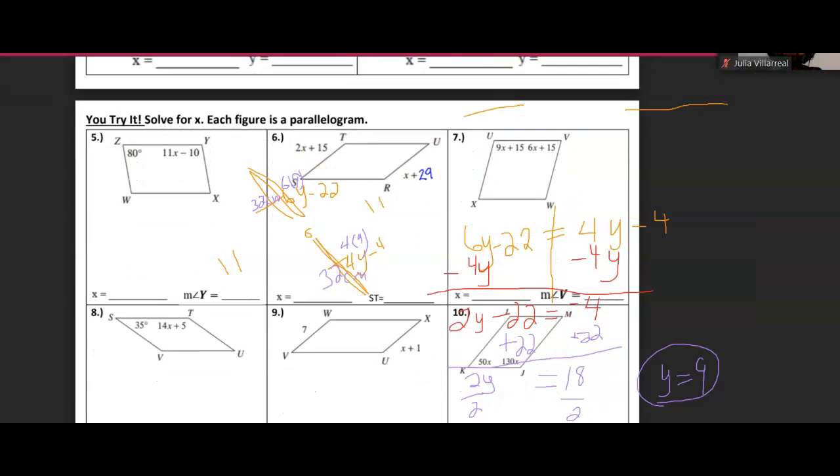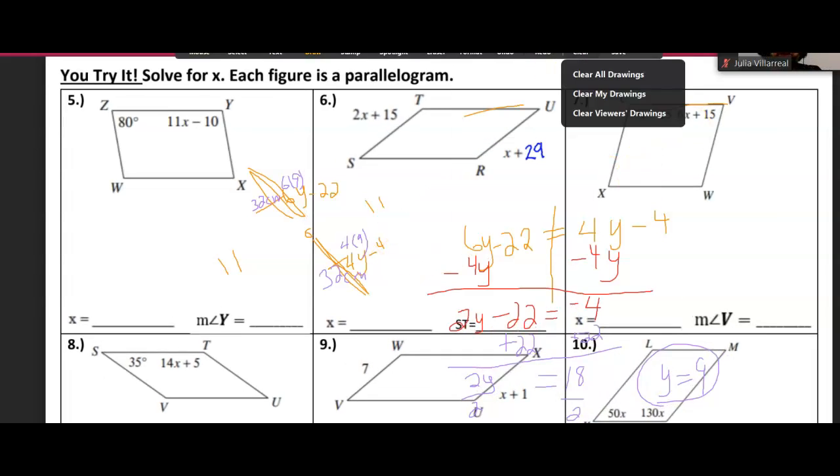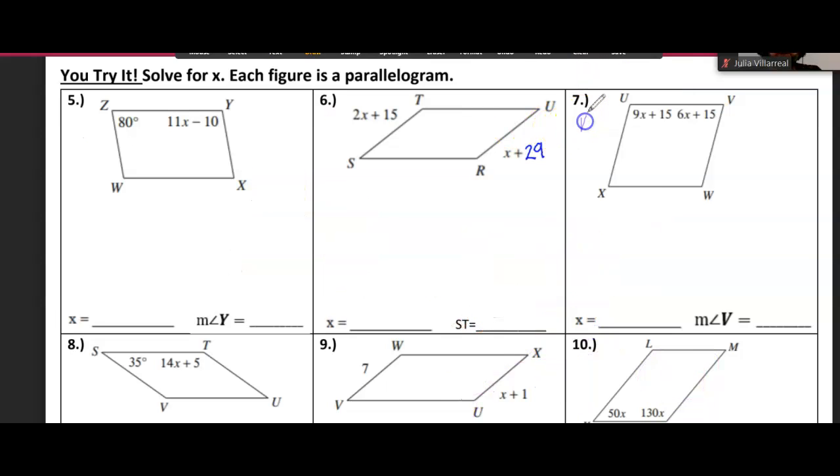But for your assignment, this is what is due. You don't have to do the whole back page. If you do, it's extra credit. But you need to do number 5, number 6, number 7. So numbers 5, 6, and 7 must be done.